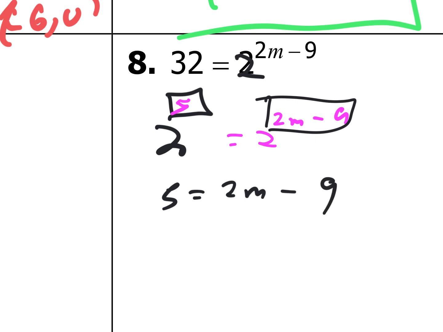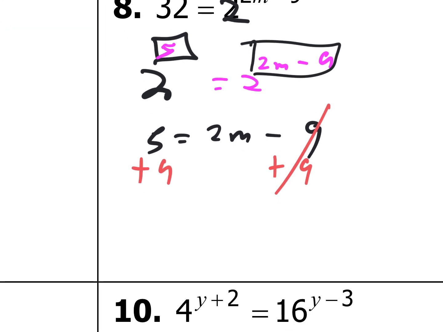Using your powerful Algebra 1 skills, you add 9 to both sides to get the m by itself. That gives me 14. 14 is 2m. Divide both sides by 2. M is, drum roll, 7. Thank you. Good job.